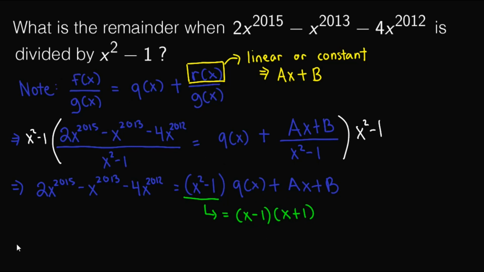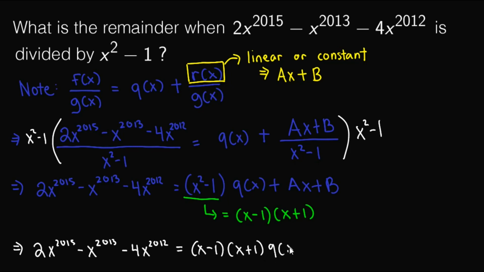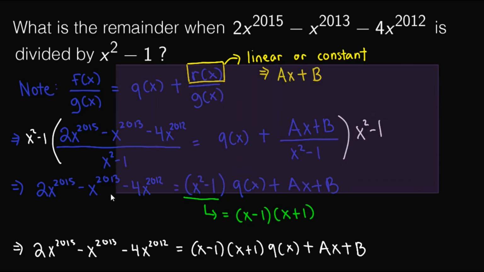So we have 2x^2015 minus x^2013 minus 4x^2012 equals x minus 1 times x plus 1 times q(x) plus ax plus b. This will be our working equation.